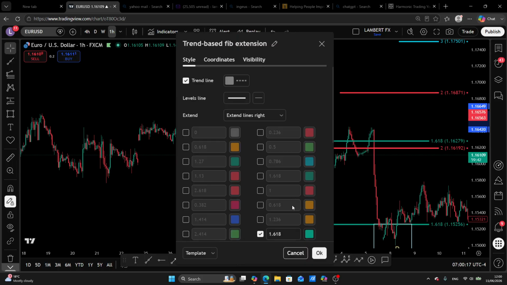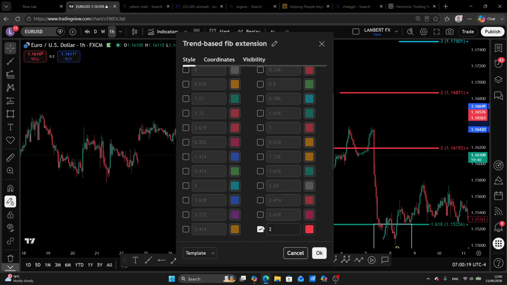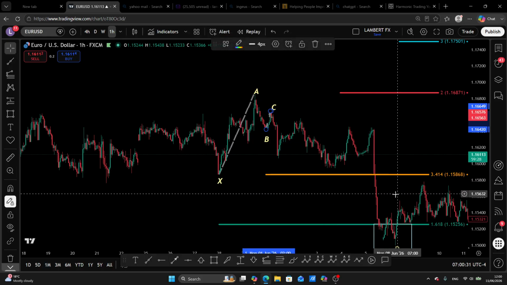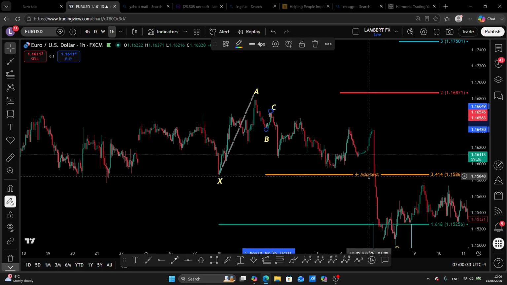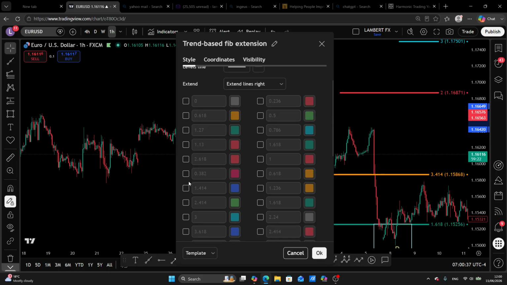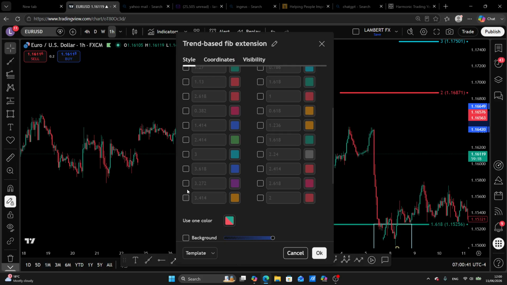So I double click on this, I get rid of the 1.618, get rid of the 2, and then I'll pick 3.618. Actually, I picked 3.414 to see where that will land us. So 3.414 is quite high. So you double click on that and look for 3.618. So get rid of that.